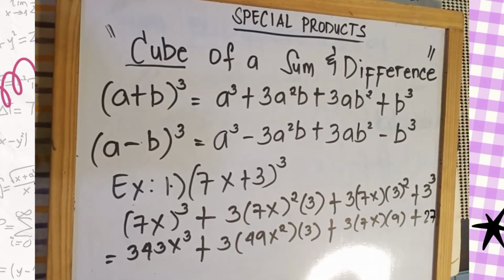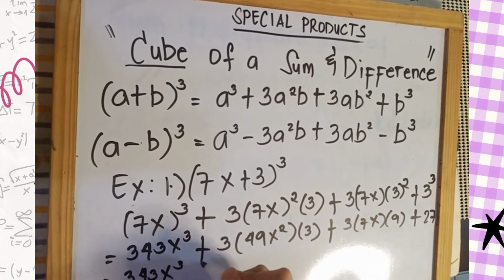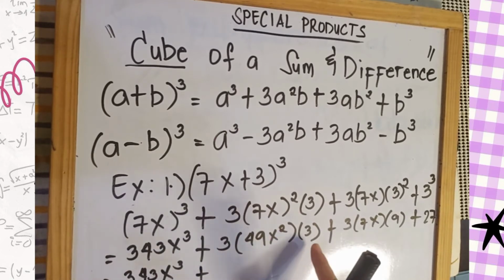Okay, so let's simplify one more time. So let's just copy the first term. 343x cubed plus, so this time let's multiply 3 times 49 times 3. So what is the answer?